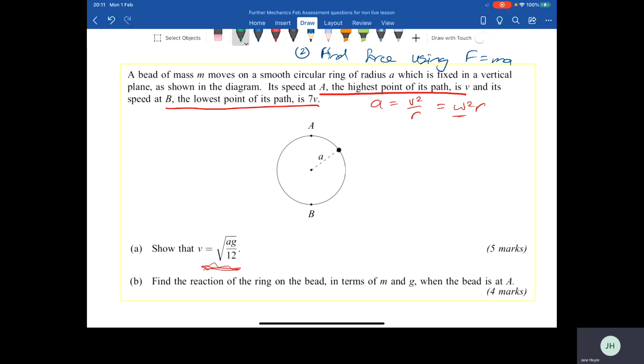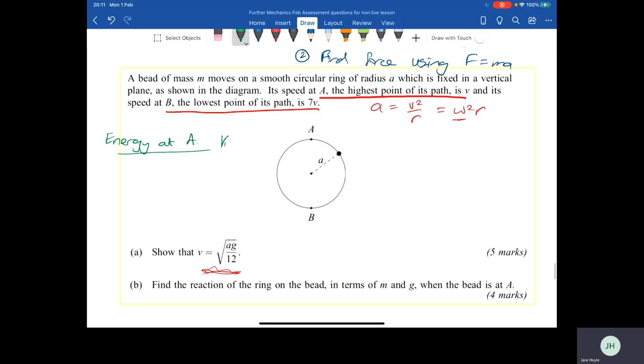So it makes complete sense to think about the total energy at A, kinetic energy plus gravitational potential energy. Now we're just about to start a period of work that talks about elastic energy, but for the moment, you do sometimes get circular motion questions that also involve elastic energy, but they are of the trickier variety.